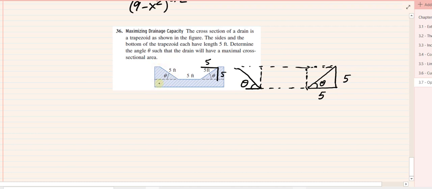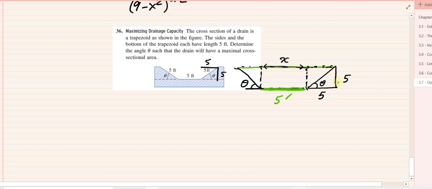Let's call this X. This is X. And of course, this is the base of the trapezoid. That's this base right in here, and that's going to be 5 feet. We're given that is 5 feet. Now we need to determine the other base.